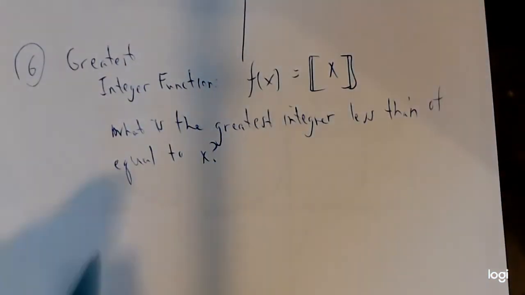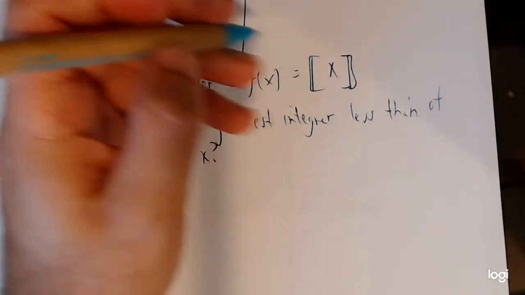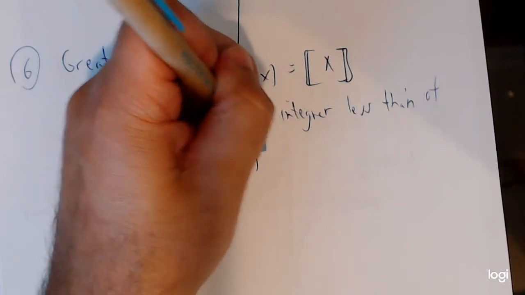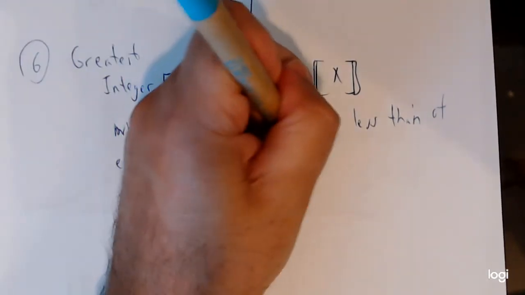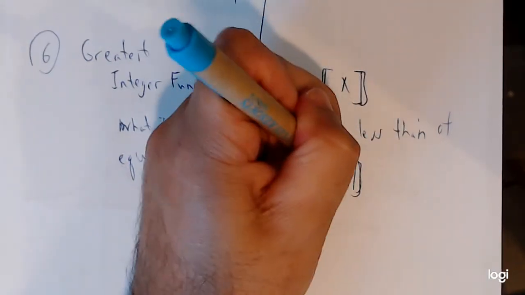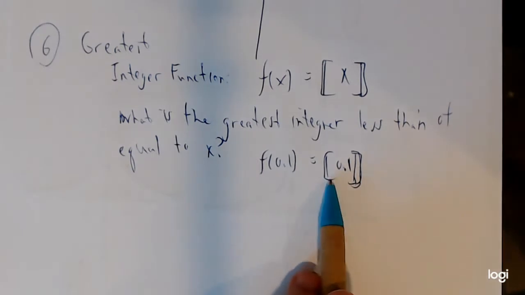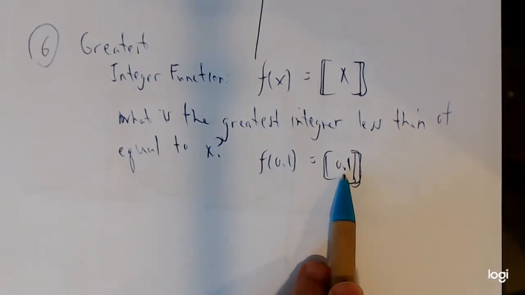So what I want to do before we create the graph of this, let's ask some questions here. What if we have f of 0.1? When you put this in there, the question becomes, what's the greatest integer less than or equal to 0.1?